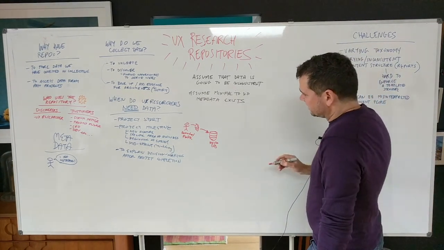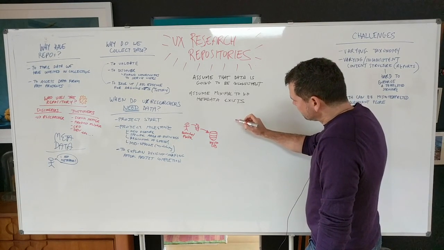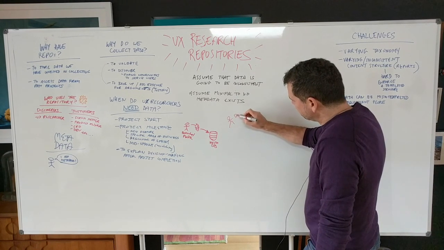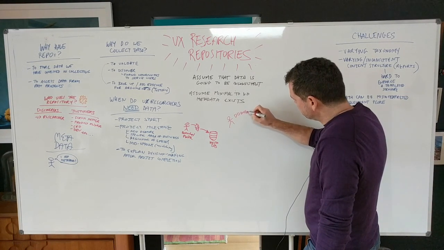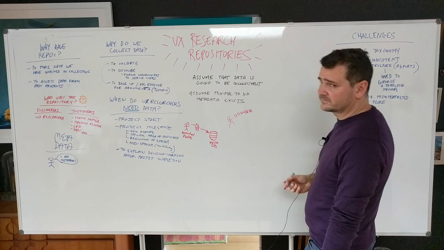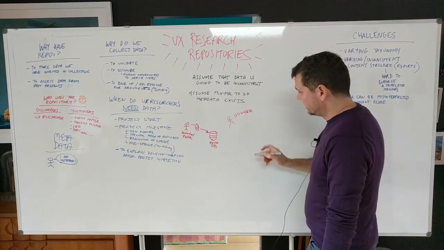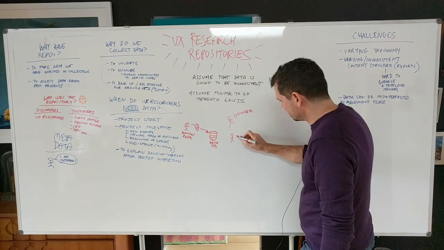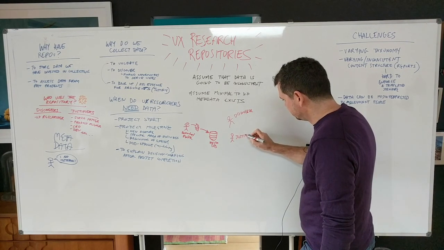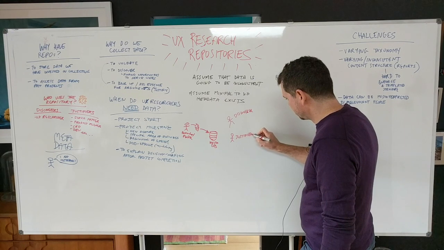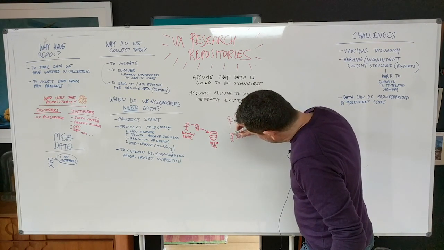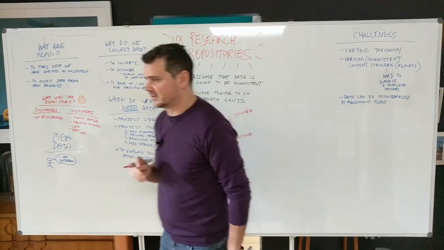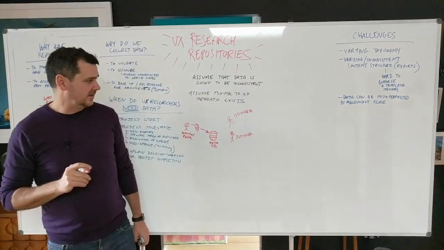So we have our researcher entering the data. And here we have our discoverer. If you know a better word for discoverer, put it in the comments. A justifier. And I'm going to give them a little cowboy hat to acknowledge the series Justified that my life partner loves.